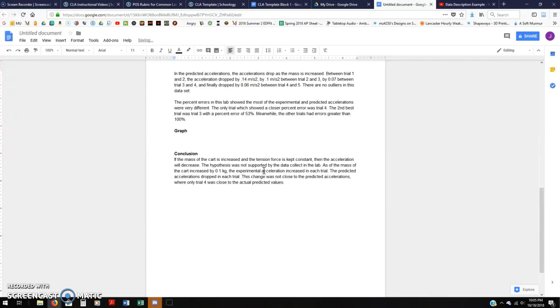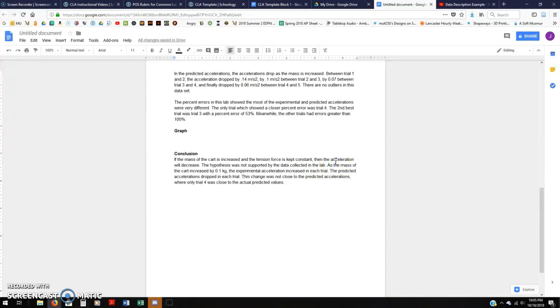So our final conclusion here doesn't have to be super long, but it does kind of sum up what happened here. If the mass of the cart is increased and the tension force is kept constant, then the acceleration will decrease. The hypothesis was not supported by the data collected in this lab. This is what I get for stream of typing.